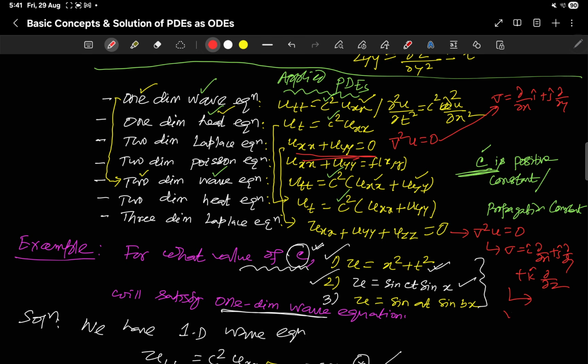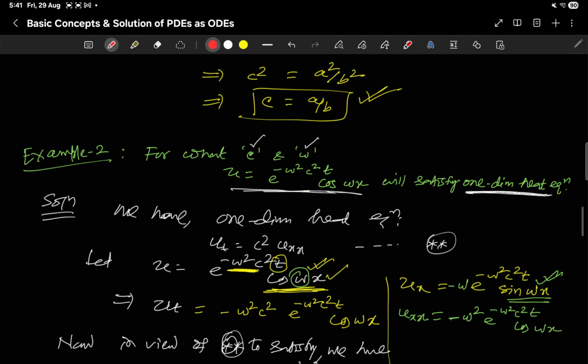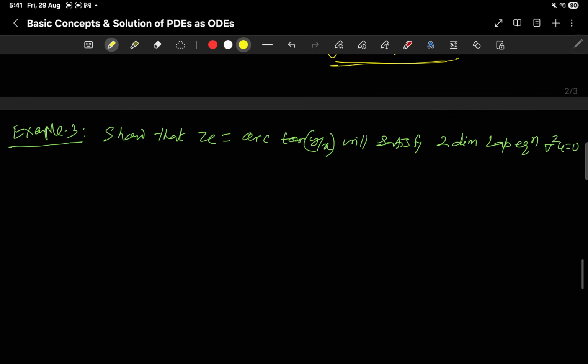It is called the vector differential operator.